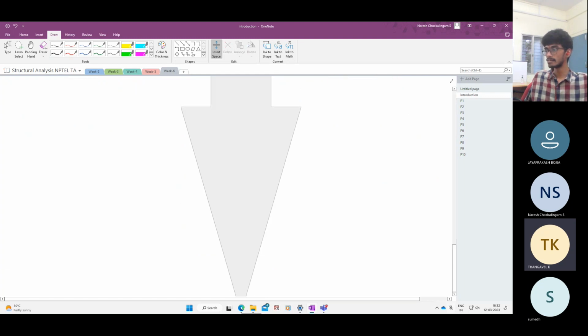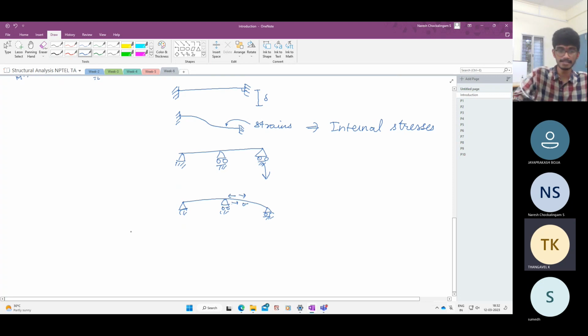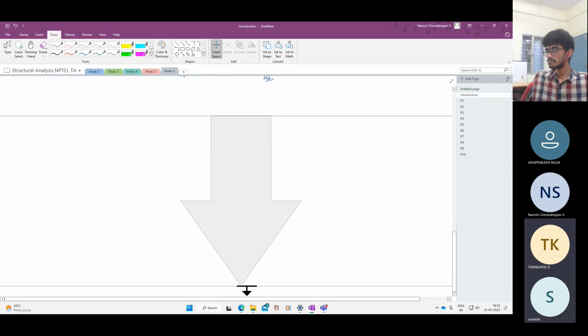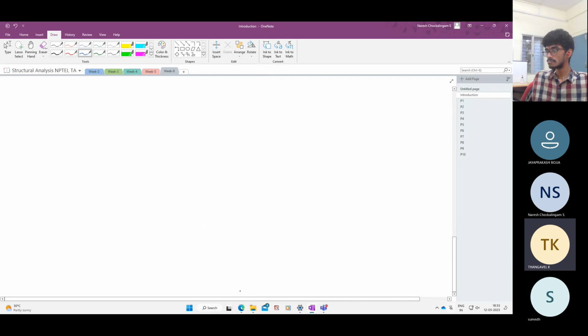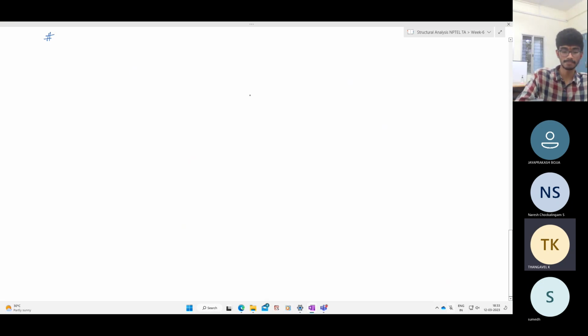So how do we analyze the structures? We have already seen that the number of unknowns is greater than the number of equilibrium equations, which means we need more equations.